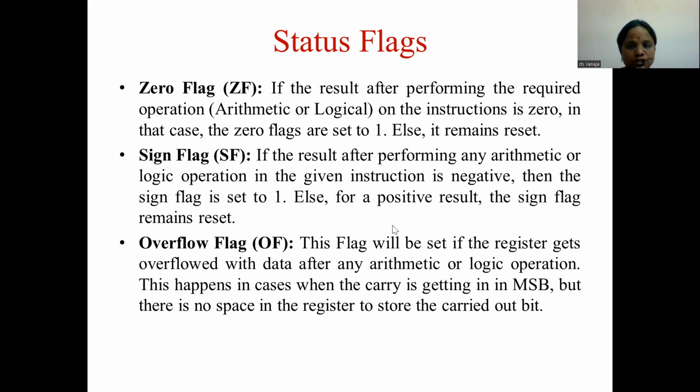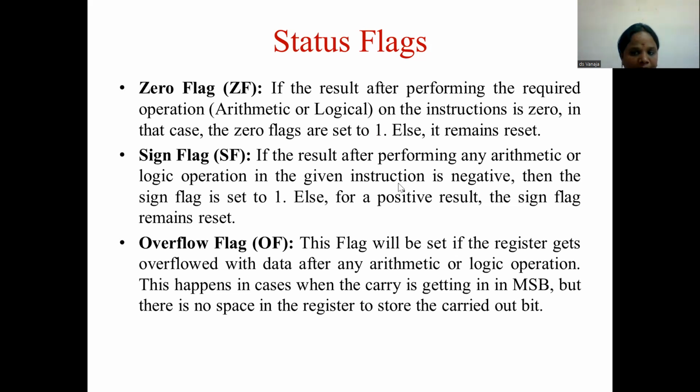When this flag is set to 1, it means the result is 0. Otherwise, it is 0. That means if the result after performing the required operation of the instruction is 0, then the zero flag is set. Otherwise, it remains reset.